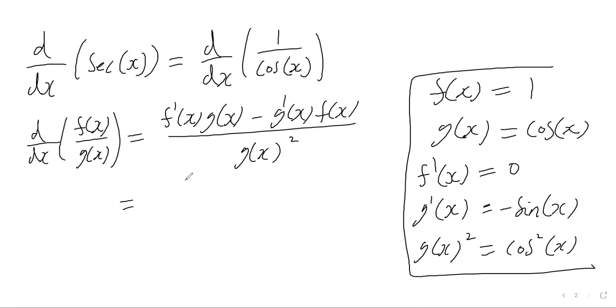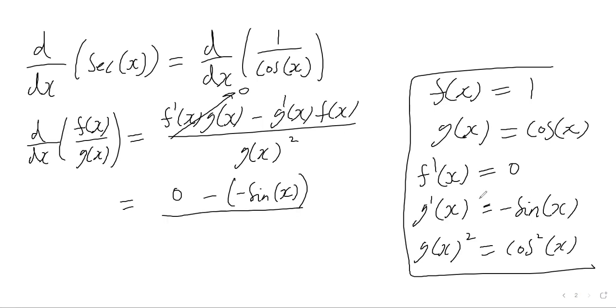And so we're going to get, the derivative of f of x was 0, so this term there is just going to go to 0. So we're going to get 0 minus, and then the derivative of g of x we found was negative sine of x. So we've got a negative sine of x in there, and we're multiplying this by f of x, which is just the number 1, so times by 1 there, but we don't really need to worry about that.